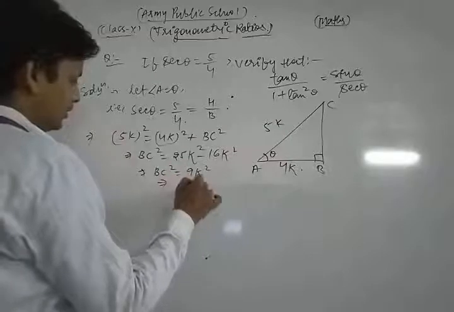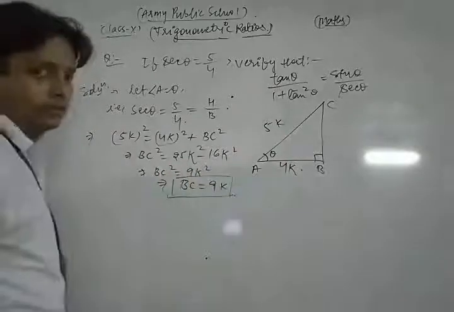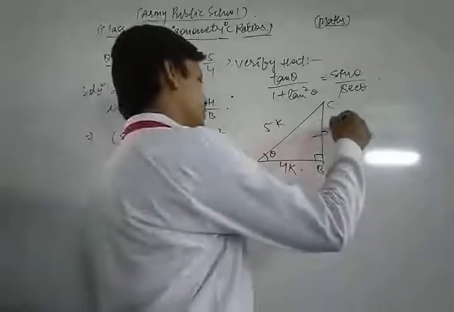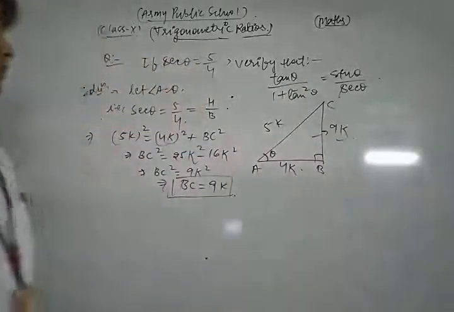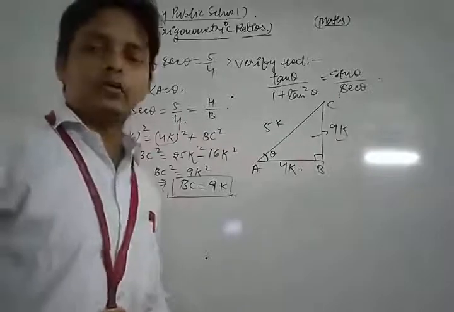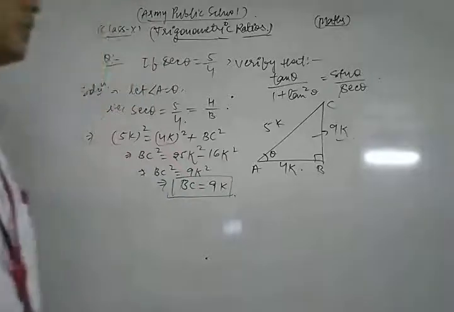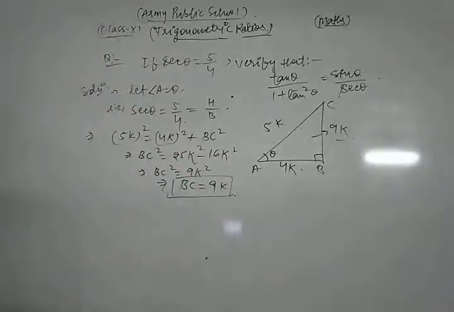So that is BC is equal to 3k. So the value of BC is 3k.